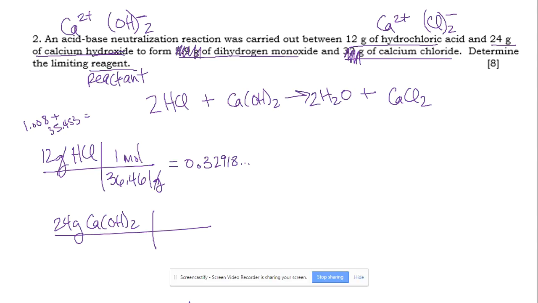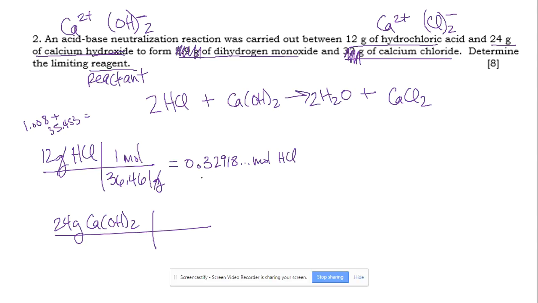0.32918. Lots more numbers in my calculator. Sig figs don't really matter here because it's more of just a comparison thing. We're not making any claims about accuracy. We're just picking which one's smaller. So the step that a lot of us are forgetting after we find our moles is to divide by the coefficient.